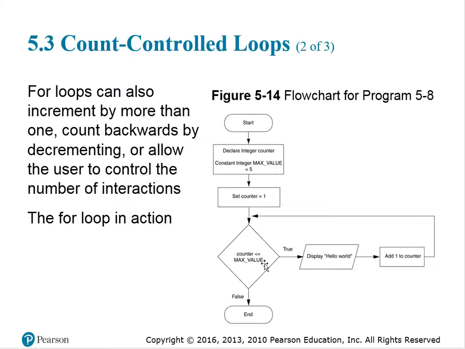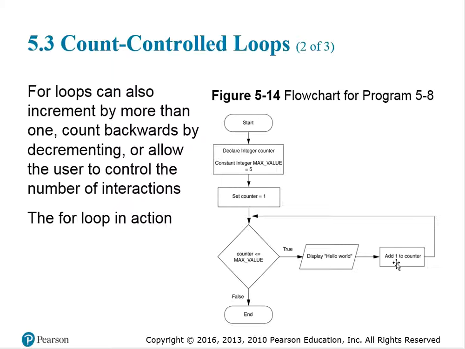That is true. It goes to the right, displays hello world 1 time, goes here, adds 1 to counter, so my counter becomes 2. It goes up here: is 2 less than or equal to max value, which is 5? That is true. Displays hello world a second time. Next is add 1 to counter.